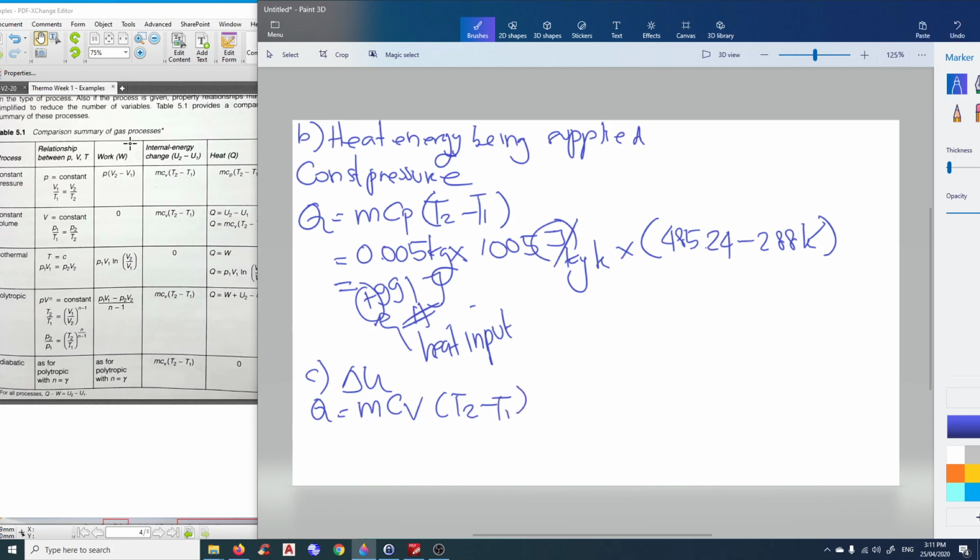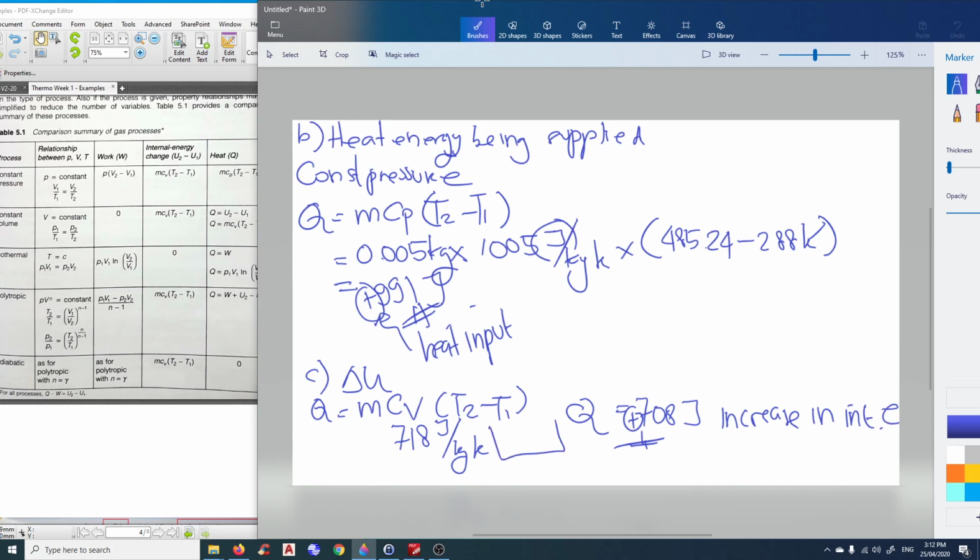It's the same as this, but Cv for air is 718 joule per kilogram Kelvin. So delta U equal to 708 joule positive, means increase in internal energy. I don't put the value of T2 and T1 because it's the same and the mass is also the same. Okay.